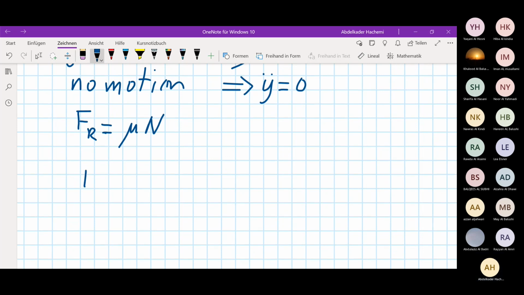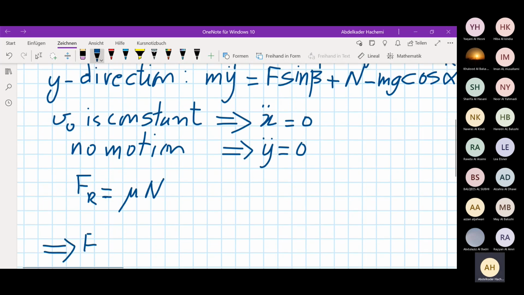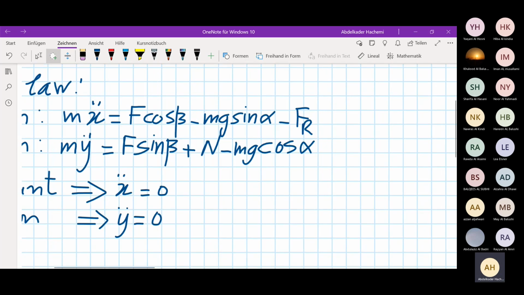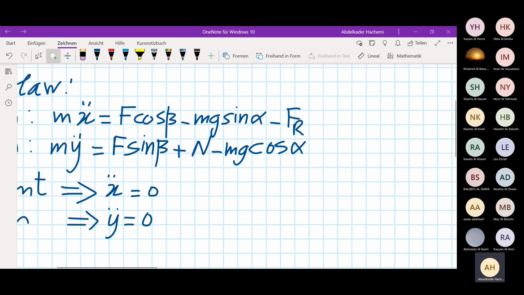F, this will introduce here. To make better visualization, I call this equation 1, and this is equation 2.